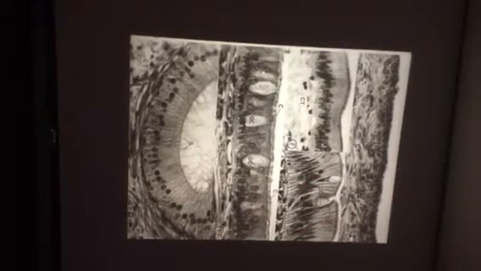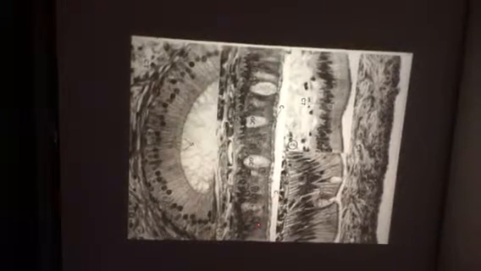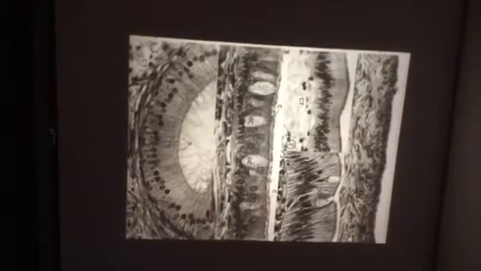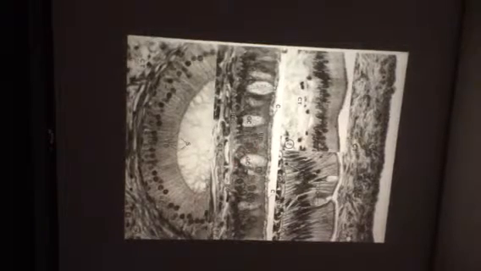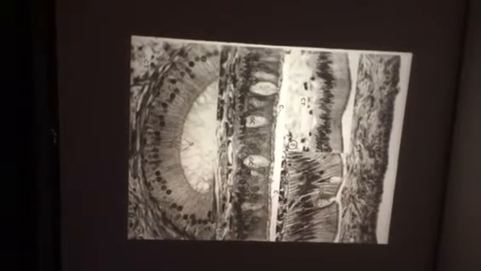And this tissue right here would be ciliated pseudostratified columnar epithelium. And there's the ciliated border right there, and this cell would be goblet cell. And what is this structure we see right there? Basement membrane.